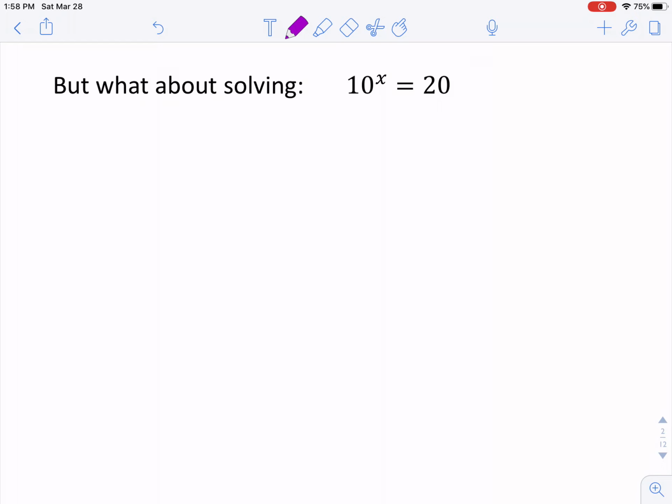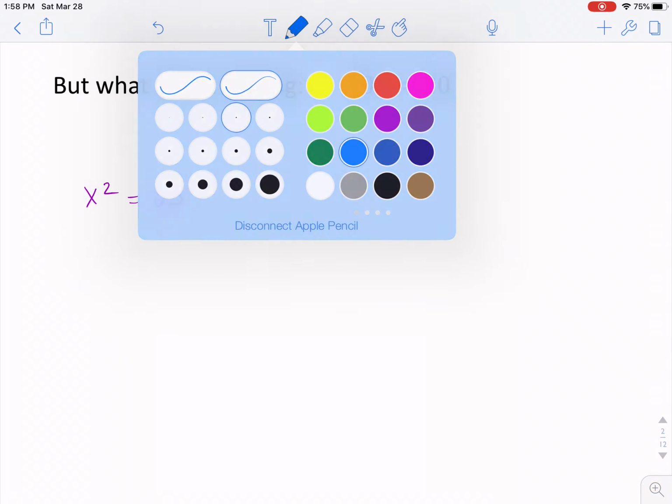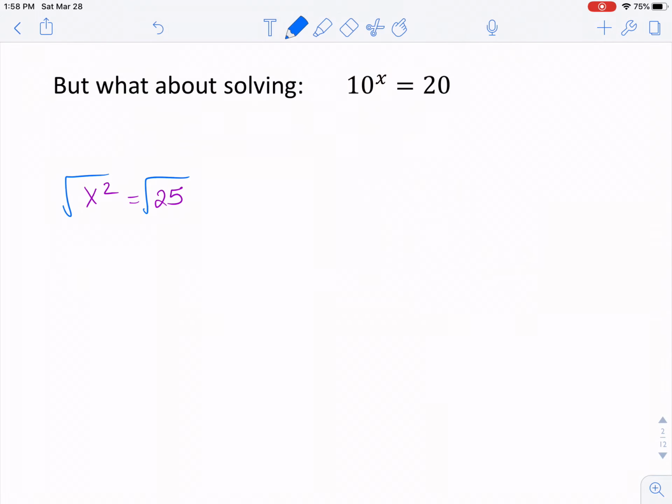Kind of like x squared is equal to 25. We had to undo the squaring to get the x by itself, and we undo the squaring by taking the square root of both sides. Therefore, x is equal to positive or negative 5. We can't forget both answers. But basically we're undoing the square to isolate the x.